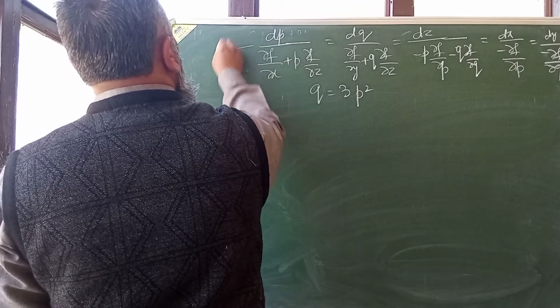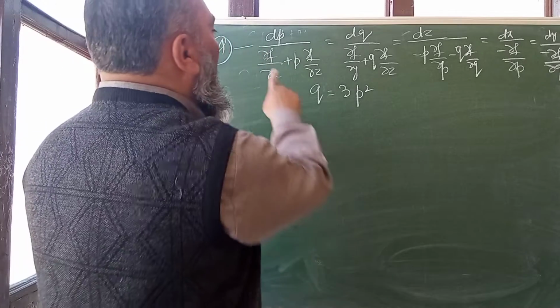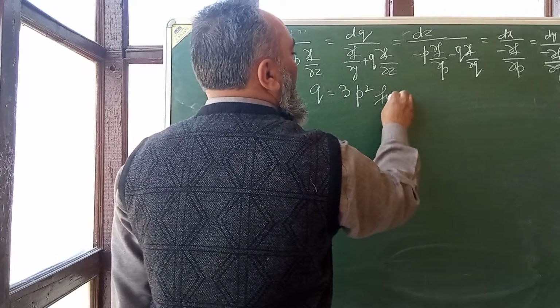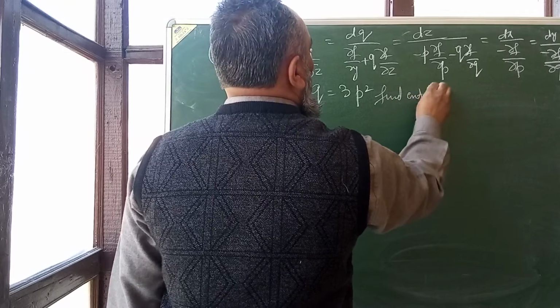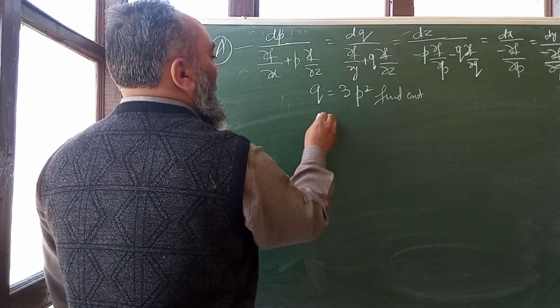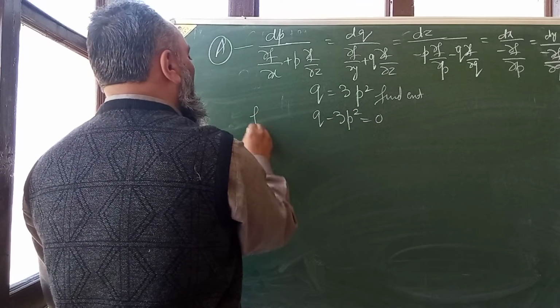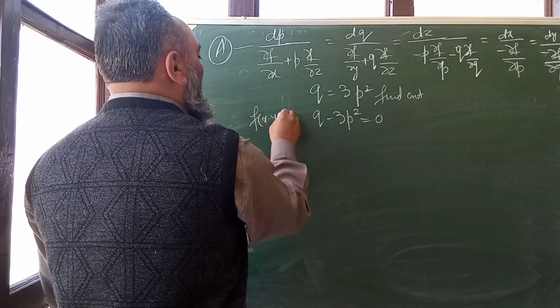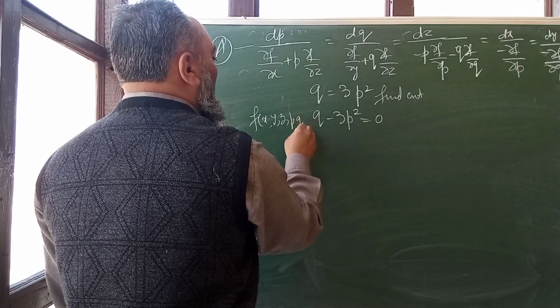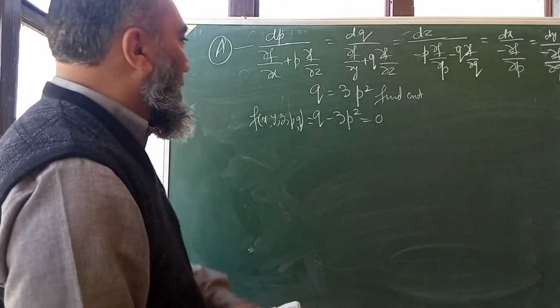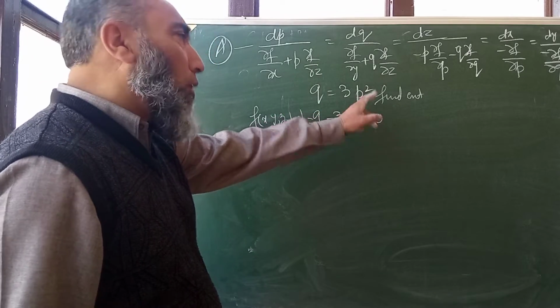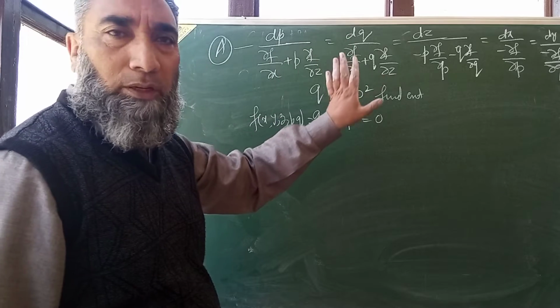Let me suppose that this is a. Now let me find out this is, say, q minus 3p square equal to 0, and let me suppose that this is function of x, y, z, p and q. Okay, q minus 3p square or 3p square minus q, doesn't matter.